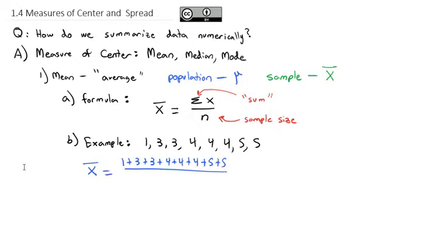And if I count here, I see we've got a sample size of 8. So adding those all up, we get 29 over 8, which gives us a mean of 3.625, or the average is 3.625.